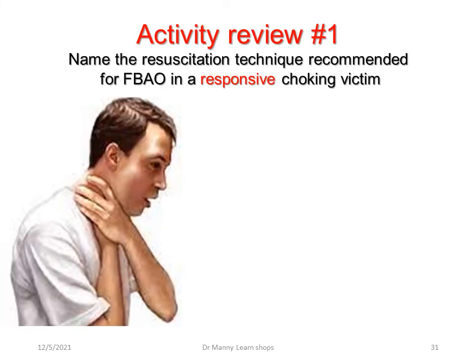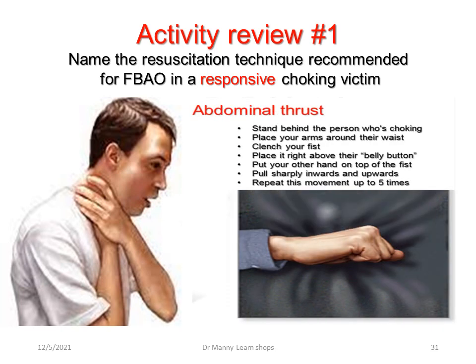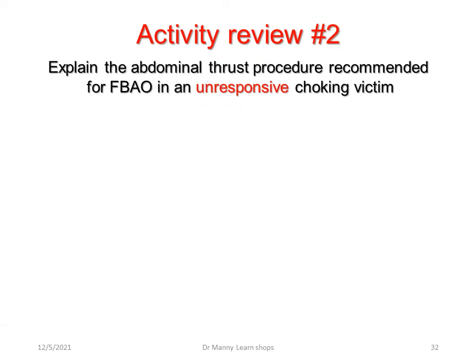Now let's review. Can you remember the resuscitation technique recommended for foreign body airway obstruction in a responsive choking victim? Correct, the abdominal thrust. What about activity 2? Explain the abdominal thrust procedure recommended for foreign body airway obstruction in an unresponsive choking victim.